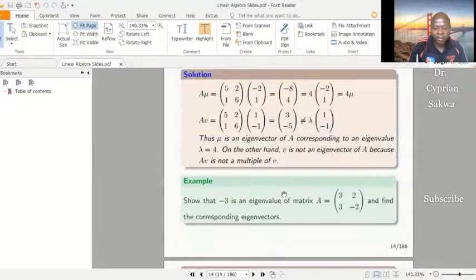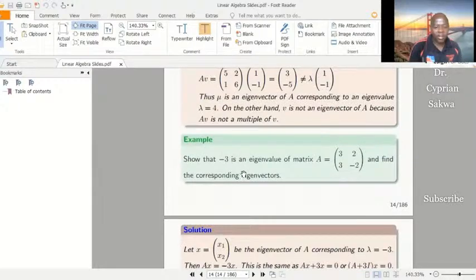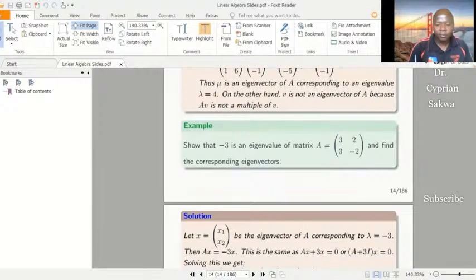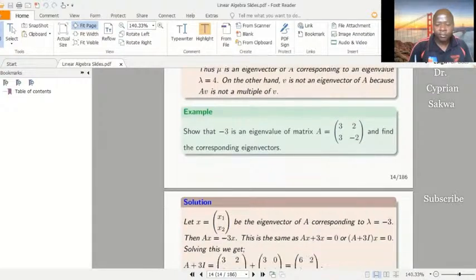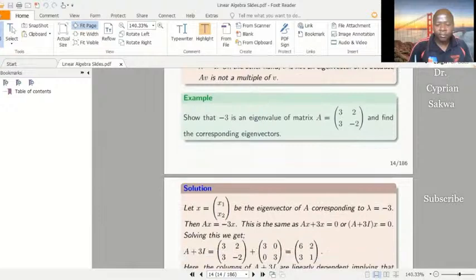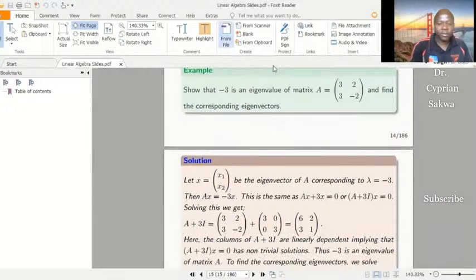This one is slightly different, but we use the same knowledge. The question is: show that 3 is an eigenvalue of matrix A, and then find the corresponding eigenvector. So we use the same knowledge that we used, for example, in the definition.